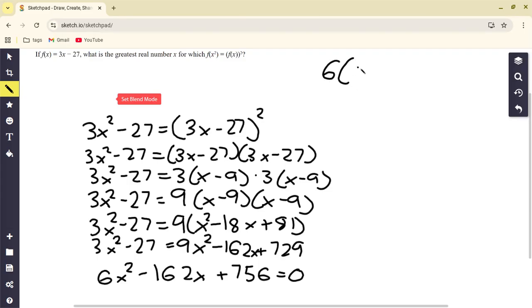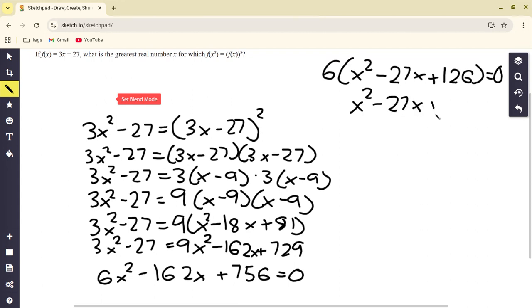So 6 times x squared minus 27x plus 126 is equal to 0. Let's just divide 6 from both sides to make this a bit more clear, which is x squared minus 27x plus 126 is equal to 0.